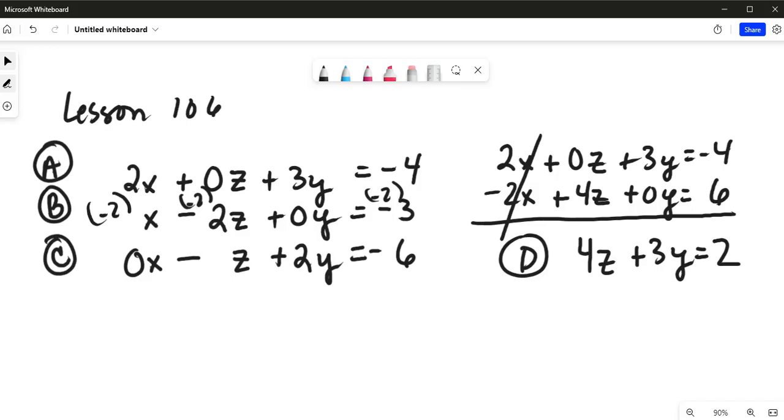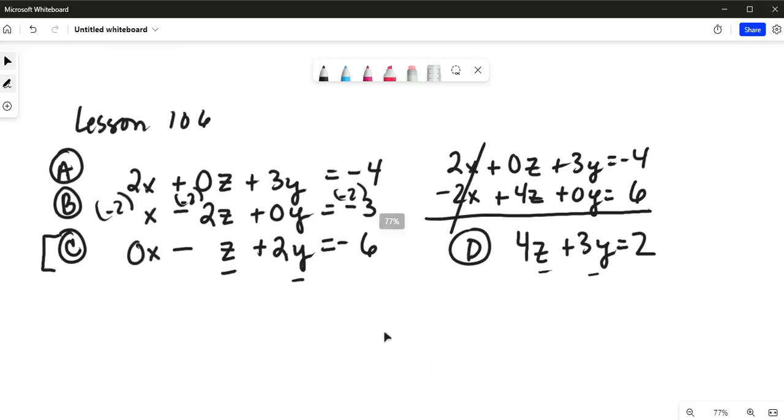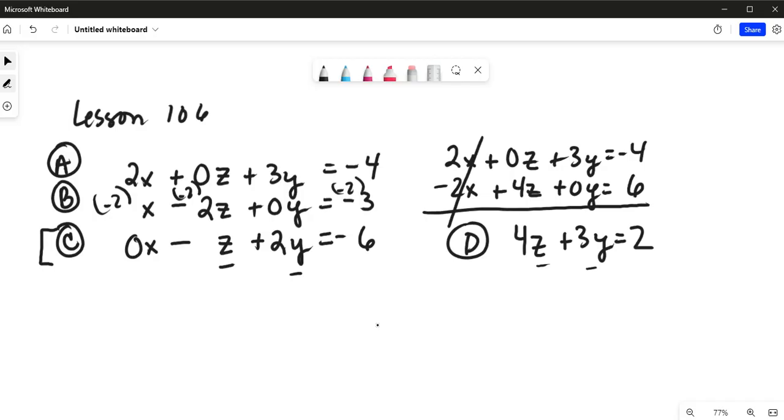All right, now we're going to look at the equation that has y and z as its variables. So now we're going to take equations D and C, and we're going to eliminate z. Since C only has z and y, we're going to use this one and eliminate one of the variables. Let's see here.